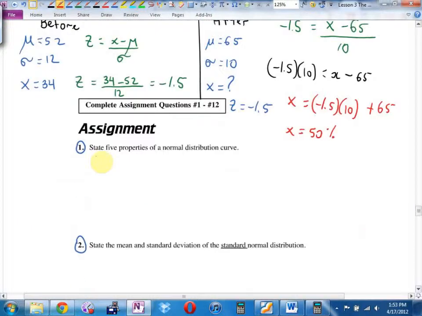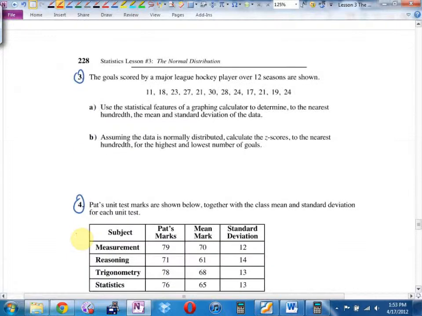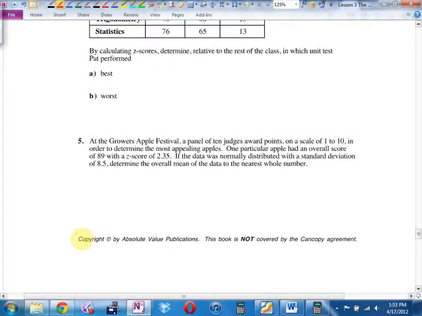So the homework I already assigned was number 1, number 2, number 3, number 4. I can now add number 5. What are they asking you to find in number 5? The mean, which means I'm hoping, Liam, they told you the other 3 pieces of information. Oh yeah, there's the Z-score, there's the actual value, there's the standard deviation.